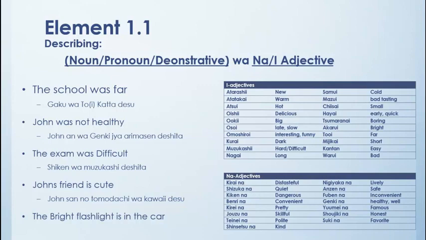So, in Japanese, ganun din tayo. Ganun din ang gagawin natin. We precede the word flashlight with the word bright. So, the word bright is akarui. Akarui. And then flashlight, we could use the word flashlight, or we could use kaichuu dentou. Okay? Pause the video and then try to translate.